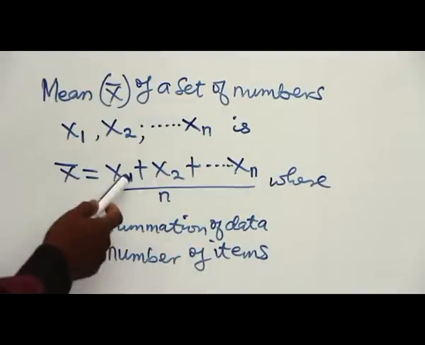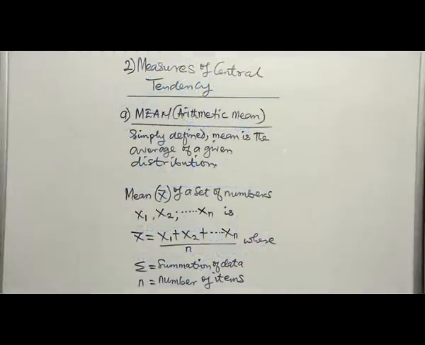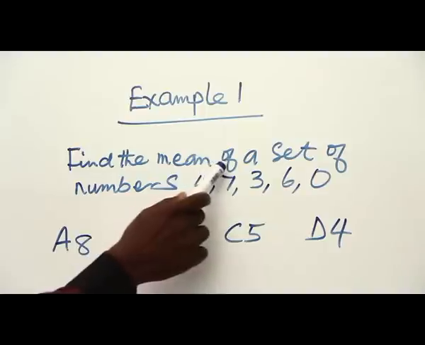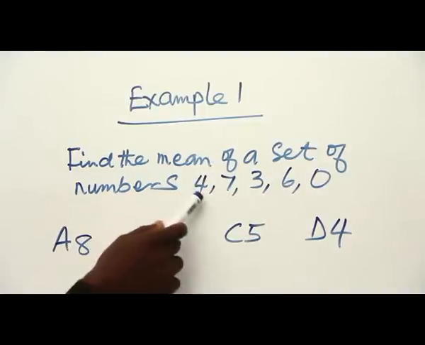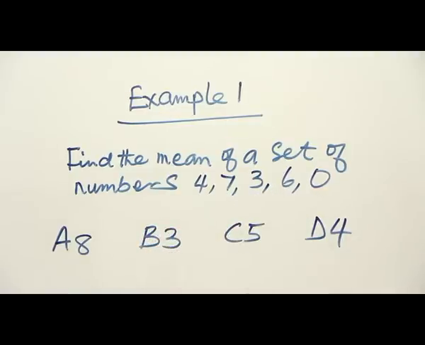The data are x1, x2 up to xn, n being the number of items.